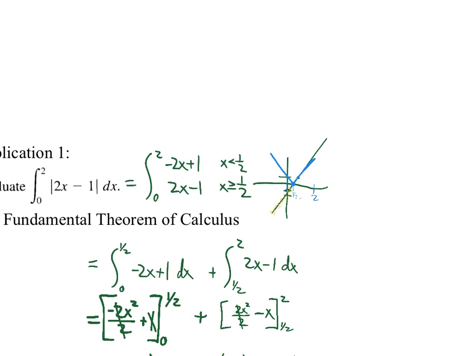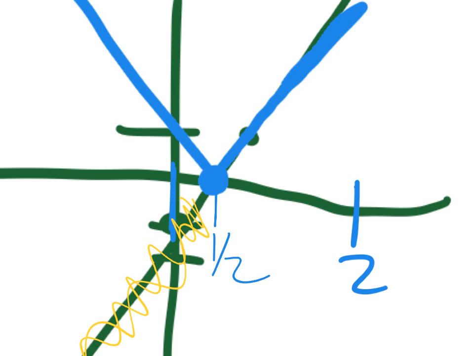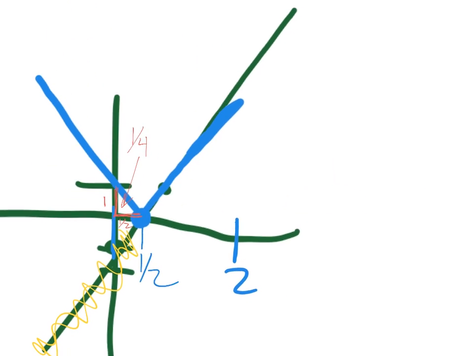By the way, we can double check our answers. These are both little triangles, right? So this has a base of 1/2 and a height of 1, so the area there was 1/4, 1/2 base times height.